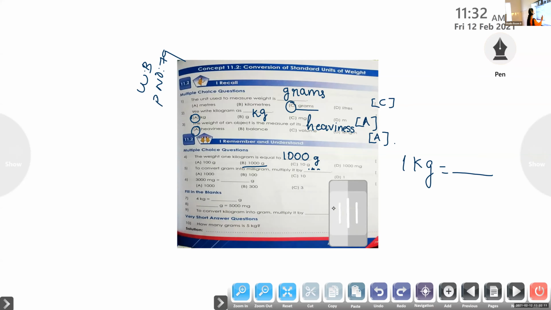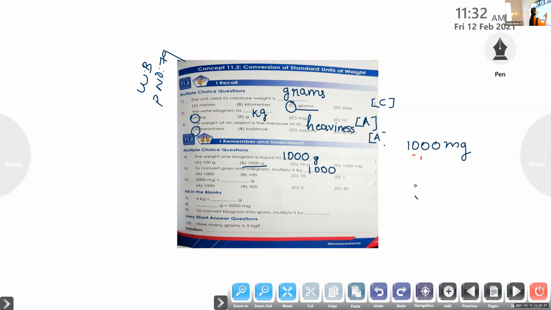Adhika, please unmute. Next question is 3000 milligram equal to dash gram. So, before that, let me ask you one thing. 1000 milligram equal to how many grams, dear? 1 gram.